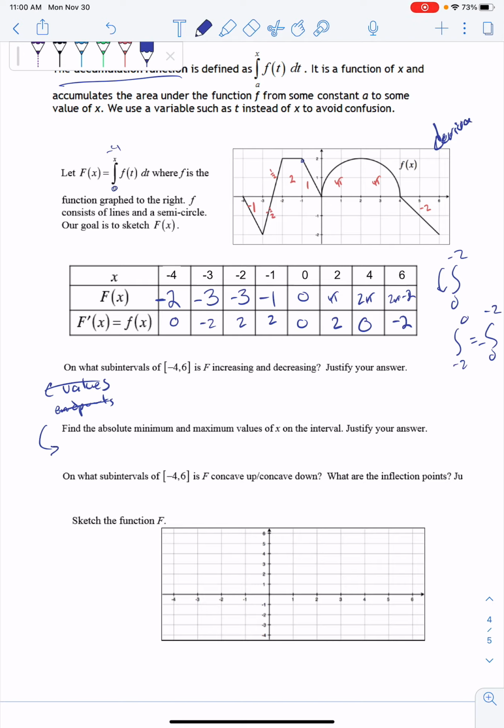We are decreasing. Our function is, because it wants to know when our function f, which is right here, which is kind of a weird function, right? It wants to know when our function f is increasing and decreasing. So as I go from -4 to -3, I'm going from -2 to -3. So I'm decreasing. So let's make a list here.